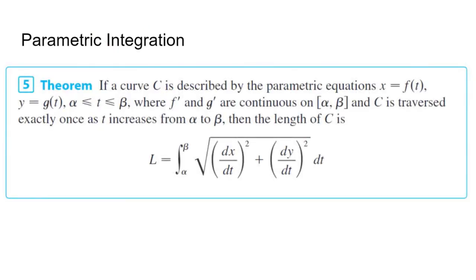And then here, it says it actually. So I could have just shown you this slide. x is f of t and y is g of t. t ranges from alpha to beta. It says f prime and g prime are continuous. They have to be continuous.